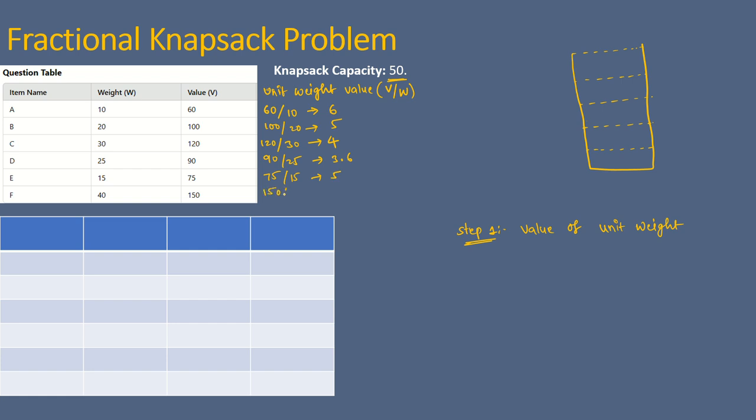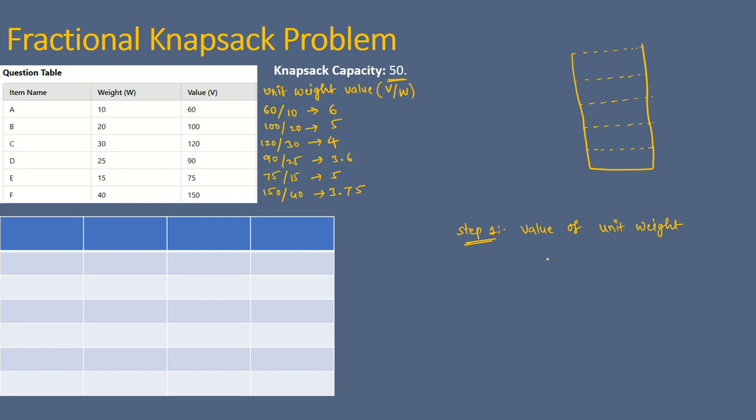Next, 150 divided by 40. So 0 0 cancel, 15 by 4. 4 3s are 12. You have 3. So 4 7s are 28, 4 5s are 20. Right. 3.75. So these are the unit weights.